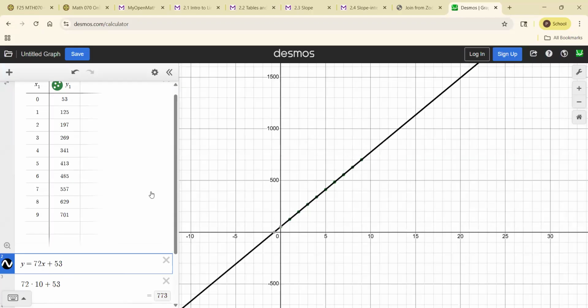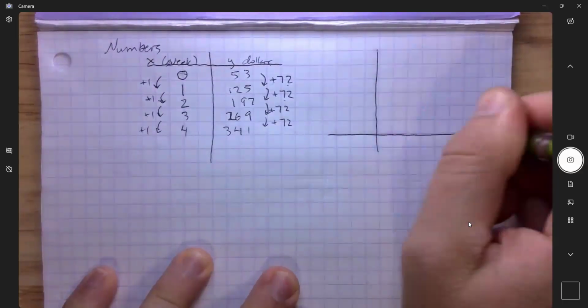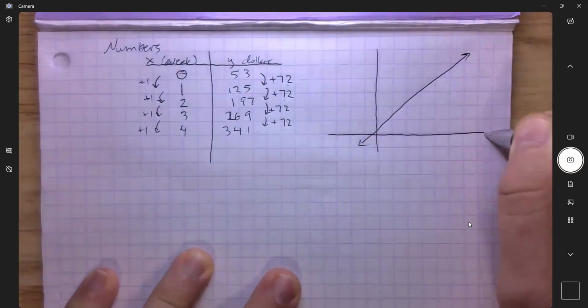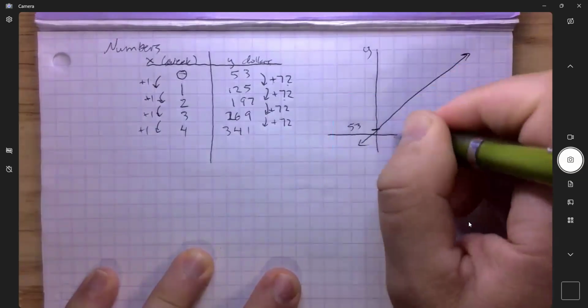All right, I know that none of this is going to be in your notes, so I'm going to transfer it over real quick to the notepad. This one's going to be a sketch of the graph because I can't do it that precisely. Here's X, here's Y. That point right there is 53.